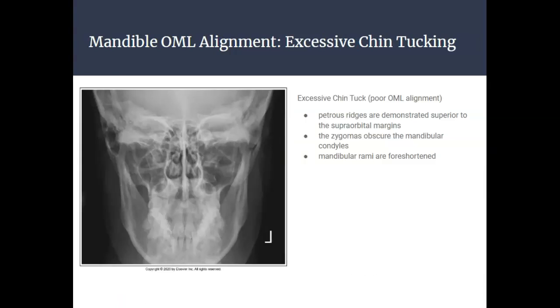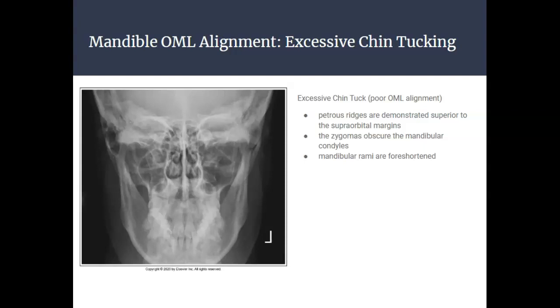Again, we're going to look at OML alignment when looking at our mandible projection to ensure that we appropriately align the patient. This is an example of excessive chin tuck, which is poor OML alignment.